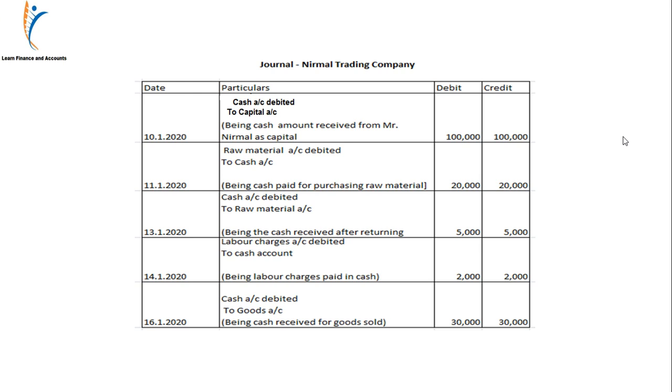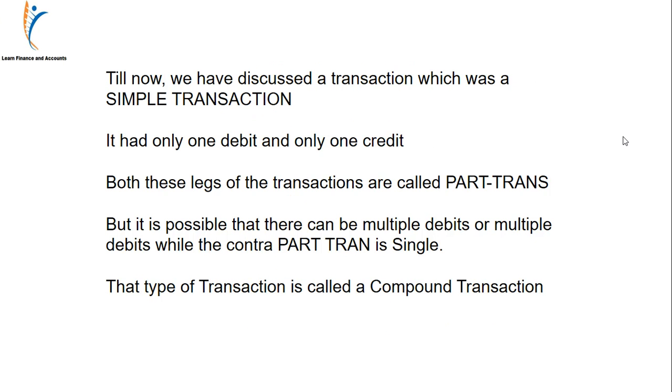Now let us see a transaction where there are more than two accounts. When there are two accounts, the transaction is called a simple transaction. It has only one debit and only one credit. Debit leg and credit leg, both the legs are called parts of the transaction.